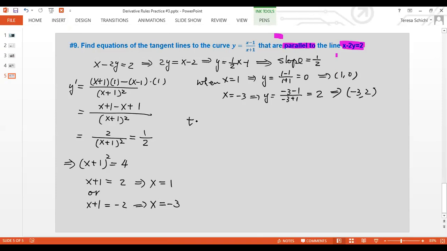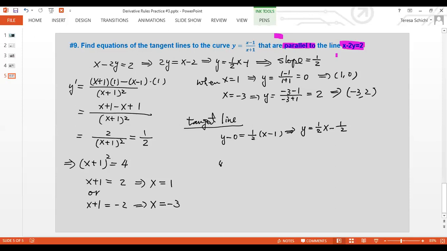So I can write my tangent lines here. In fact, I have 2 tangent lines, one at each of the different points, right? So for the first one at the point 1, 0, it will be y minus 0 is 1/2 times x minus 1, correct? Okay, so now my tangent line is y equal to 1/2 of x minus 1/2.